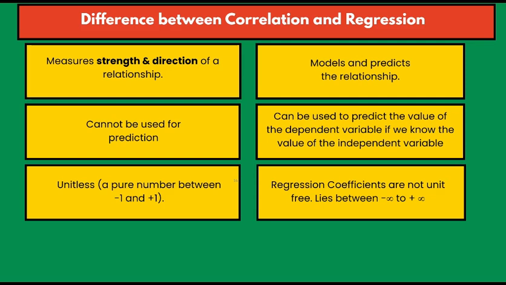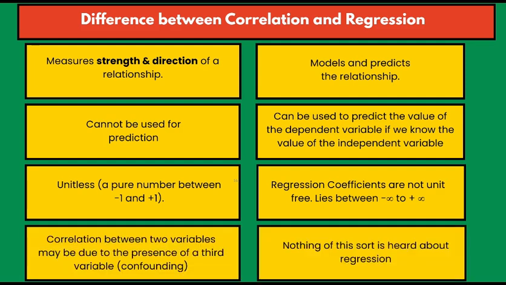And you need to know whether we are speaking about the y on x equation or the x on y equation, because given that x and y have different units of measurement, the coefficients of the regression equation will have different units of measurement. So directly it is difficult to tell the units of the regression coefficients. You have to look at whether you are speaking about the intercept or the slope, and also the type of line, y on x or x on y.